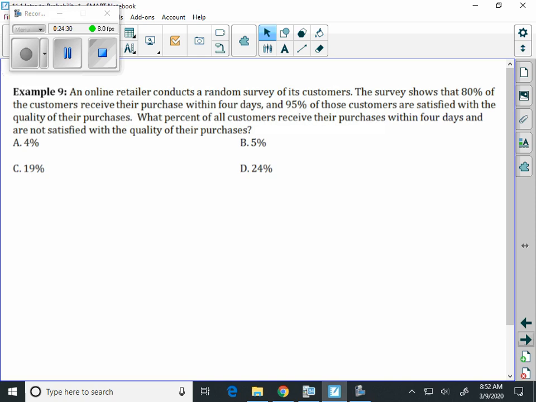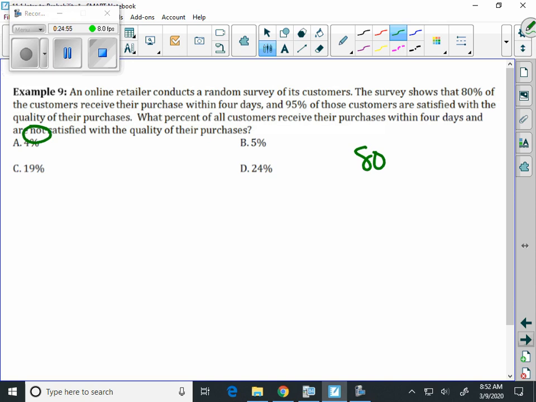So here's the thing. Look at what we've got. We've got 80% of our customers receive the purchase within 4 days. And it says of this 80%, 95% of them are satisfied. But the question says, which of them are not satisfied?